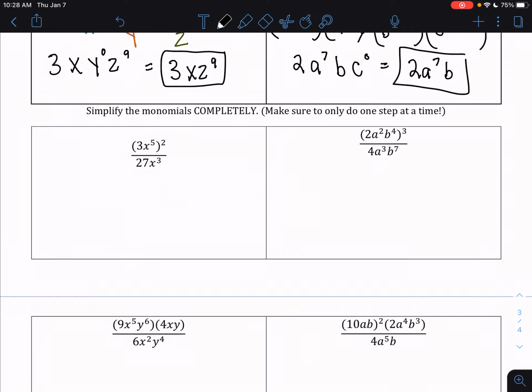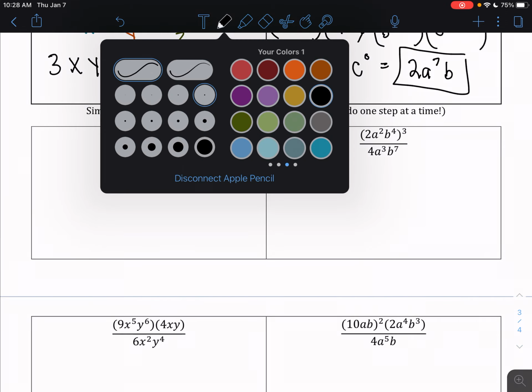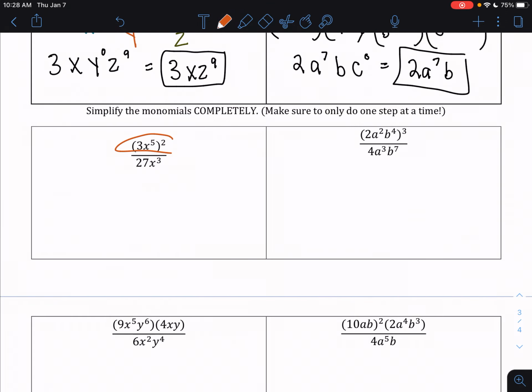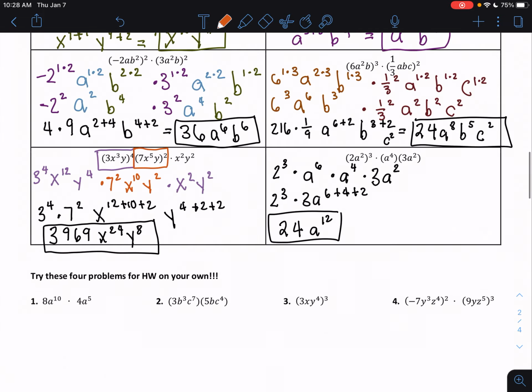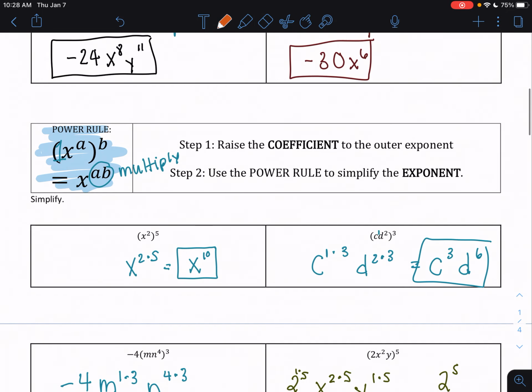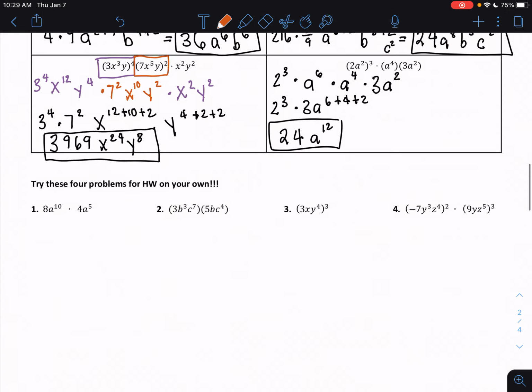So let's just start by looking at the top. We're just going to focus on that part first, okay? So let's use our rules, right? If you need to look back up at your notes, remember our power rule, we multiply.